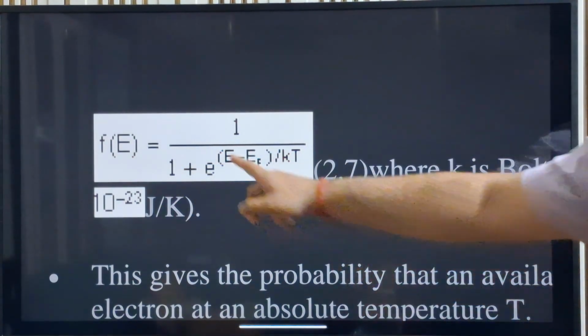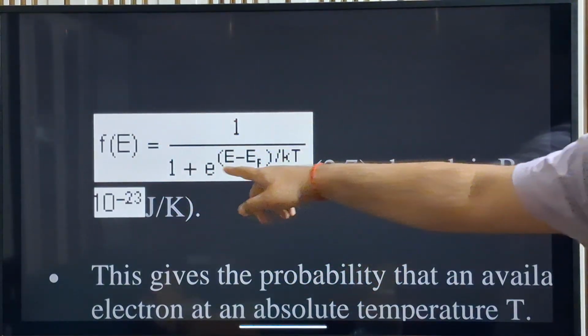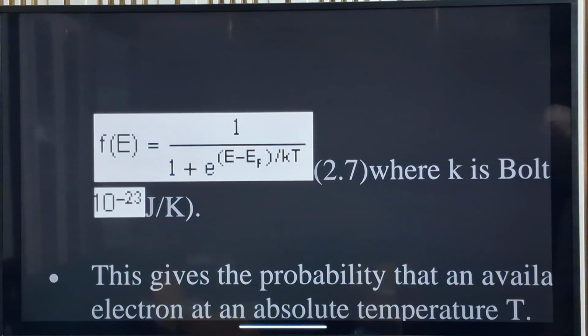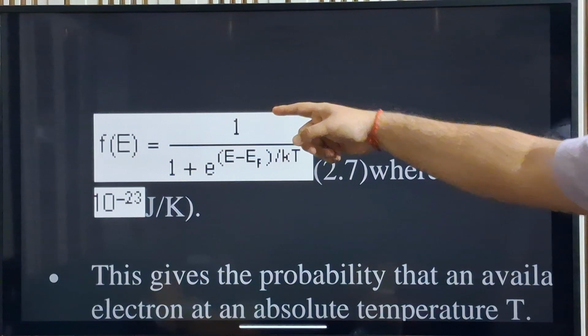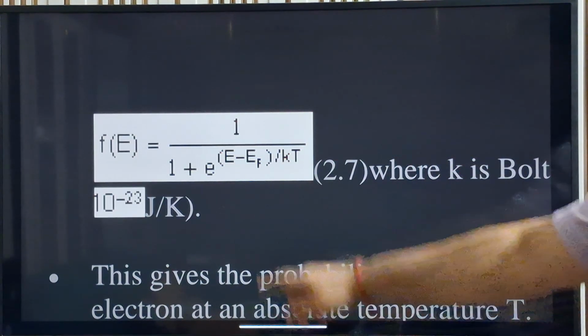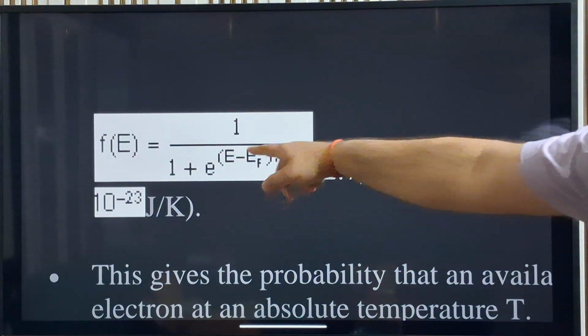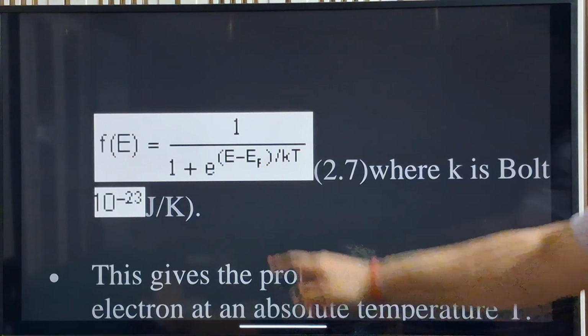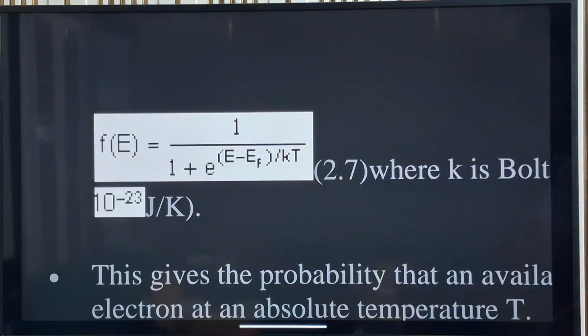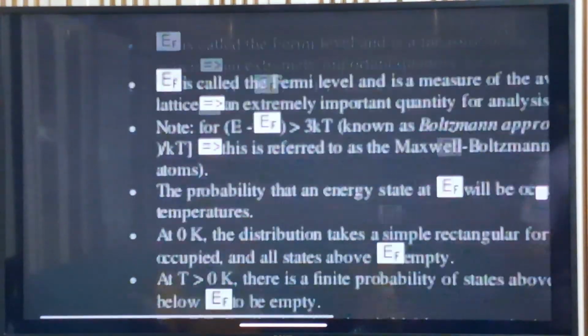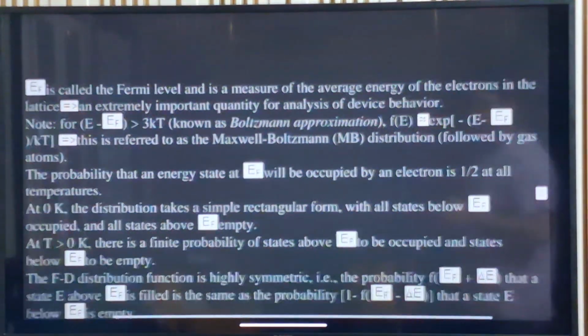If we ignore this 1, we get 1 by e to the power (E minus Ef) by kT. Now we can flip it to the numerator and write this as e to the power minus (E minus Ef) by kT, or e to the power (Ef minus E) by kT. Both give the same thing, and if you see the formula here, that is exactly what they have said.